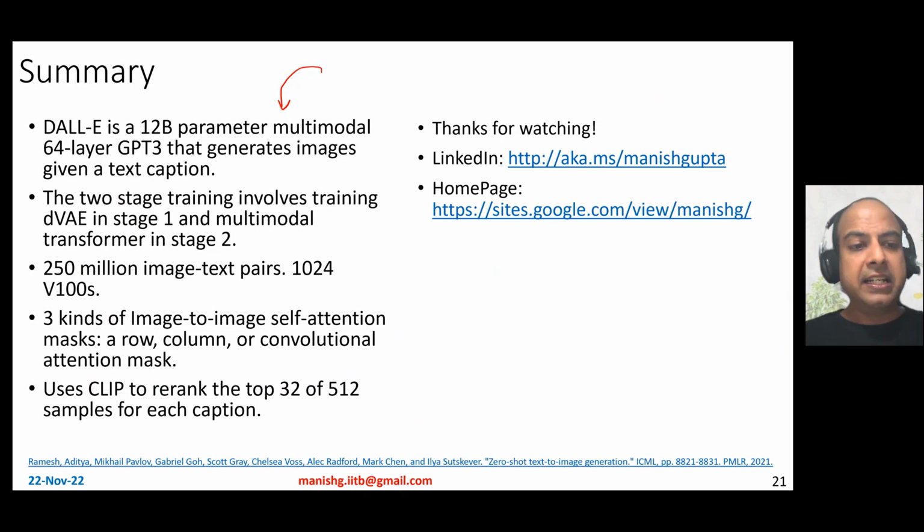It's trained very, very rigorously, on 250 million image text pairs, using 1024 V100 GPUs, right? The transformer uses, of course, text-to-text attention, but also uses image-to-image self-attention masks with row, column, or convolutional attention masks, right? And lastly, it's not by itself. DALL-E is combined typically with CLIP so as to re-rank the top few generated ones, and then it basically provides the one which is ranked right at the top by CLIP.